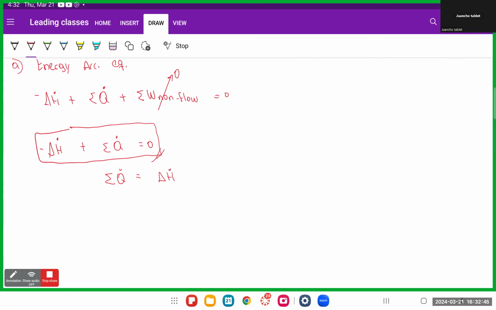Why would you do that? Because that is the enthalpy, and when you do mass flow rate times something, that is the specific enthalpy. So that is the sum of enthalpy in all the streams. You mean like this, right?